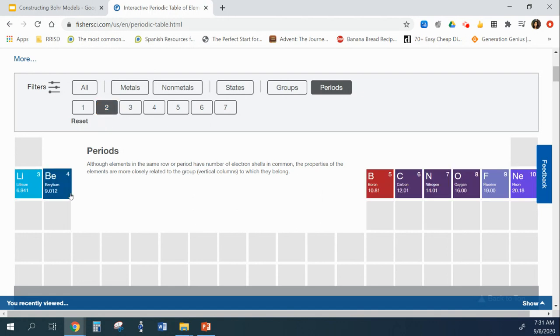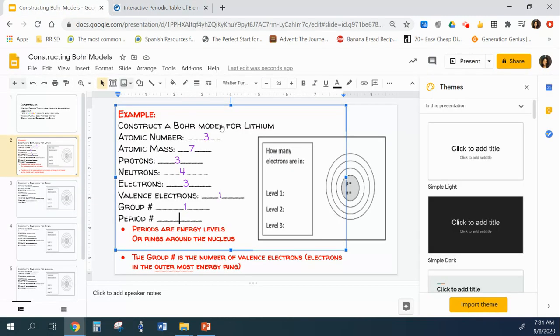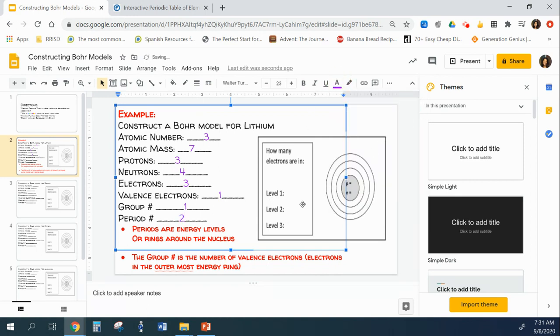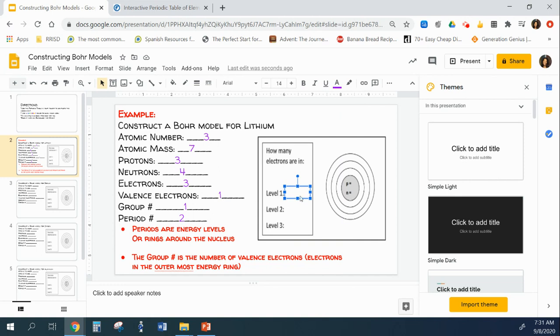So if I recall, lithium is in period 2, and period tells me the number of electron shells or energy rings. So I have 2 energy rings for lithium. I'm going to demonstrate that in a second. So I'm going to say 2, make this purple. And even though your assignment has the 3 energy levels, I'm just going to demonstrate that we have 2.